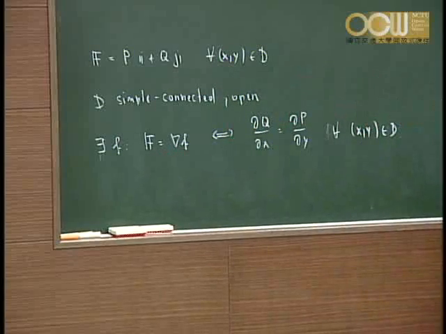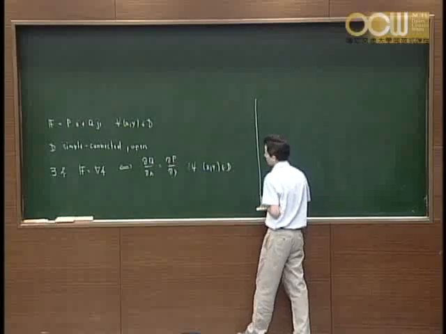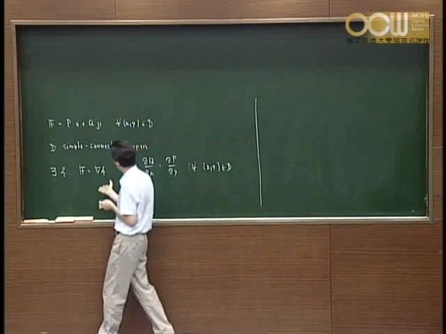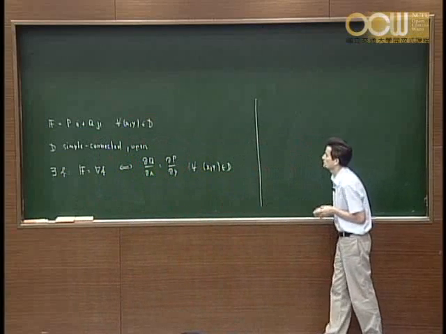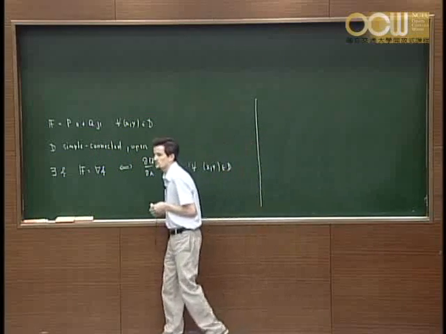So this is the picture of a conservative vector field in the plane. Now we already saw a similar result for a 3-dimensional vector field.